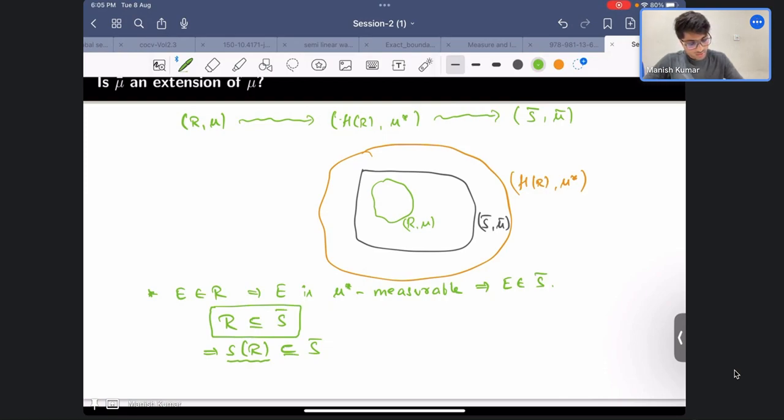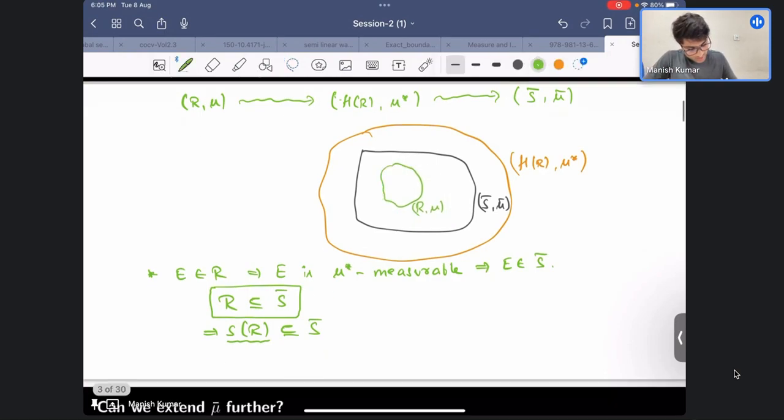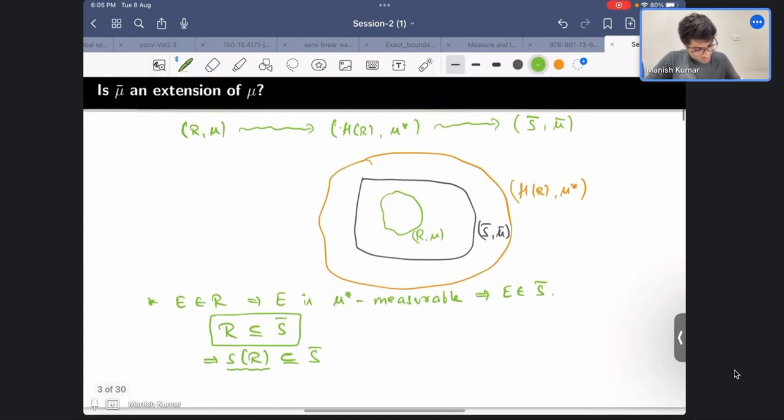Okay. So if you notice, this mu bar with the domain S bar, this was the domain for mu bar, right, to 0 to infinity, right? Now initially you had a measure mu which was defined on R, and now you have got mu bar which is defined on a bigger set S bar, right?